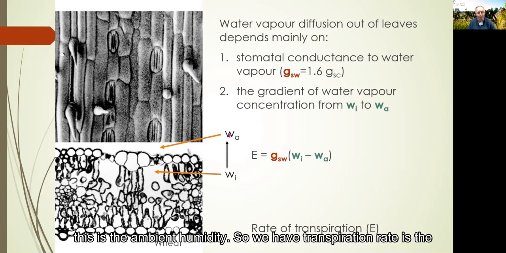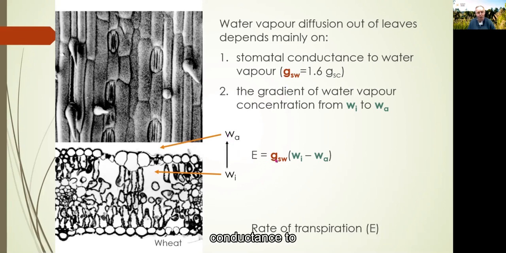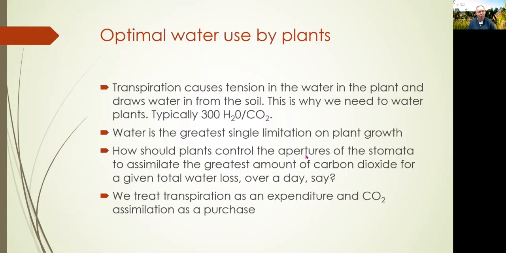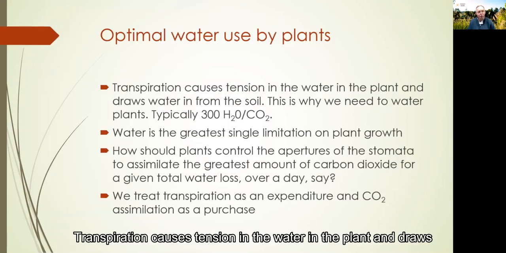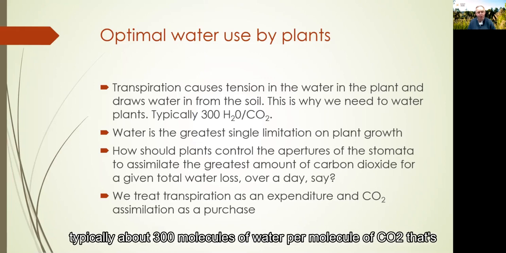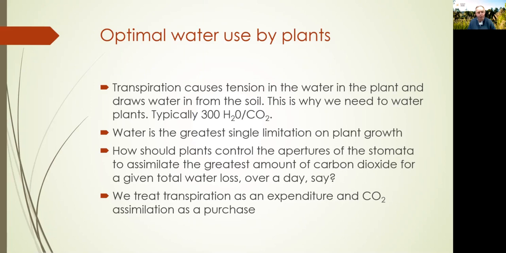This is the ambient humidity. So transpiration rate is the conductance of stomata to water times the gradient in humidity. Transpiration causes tension in the water in the plant and draws water in from the soil. That's why we need to water plants, typically about 300 molecules of water per molecule of CO2 that's fixed.